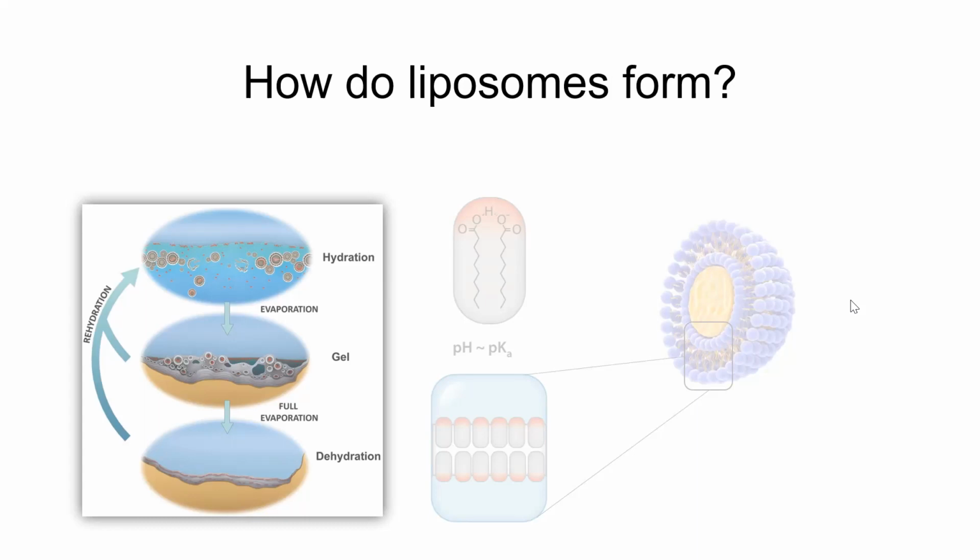If we imagine to have these molecules on early Earth on a surface, it's sufficient to add some water to this surface for these molecules to self-assemble into liposomes.